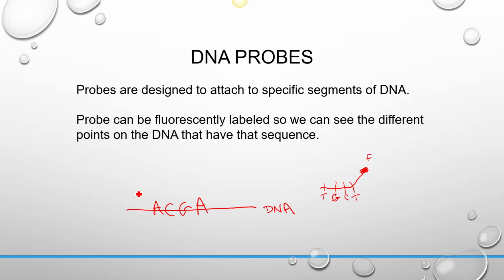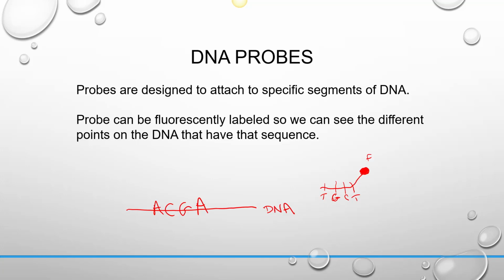Now this probe would be washed along all DNA, and because the sequence is complementary to this sequence, it would bind, and then you wash away any unbound probe, and then you expose this fluorescent molecule to some type of fluorescent detector, and then you'll be able to see fluorescence.